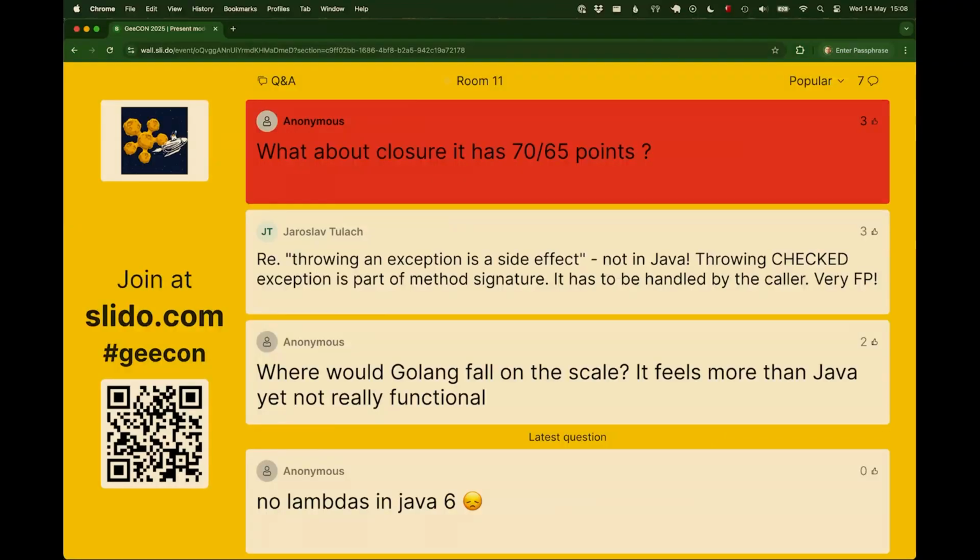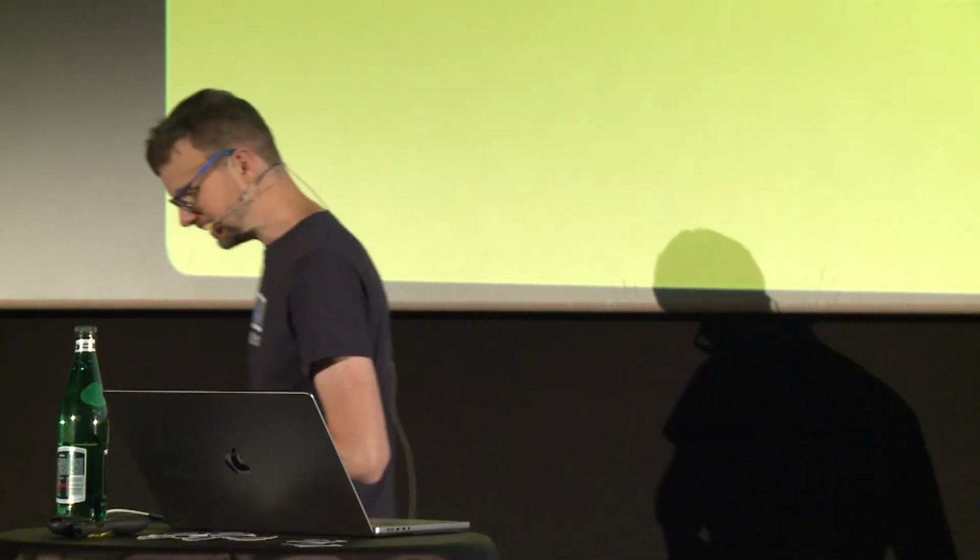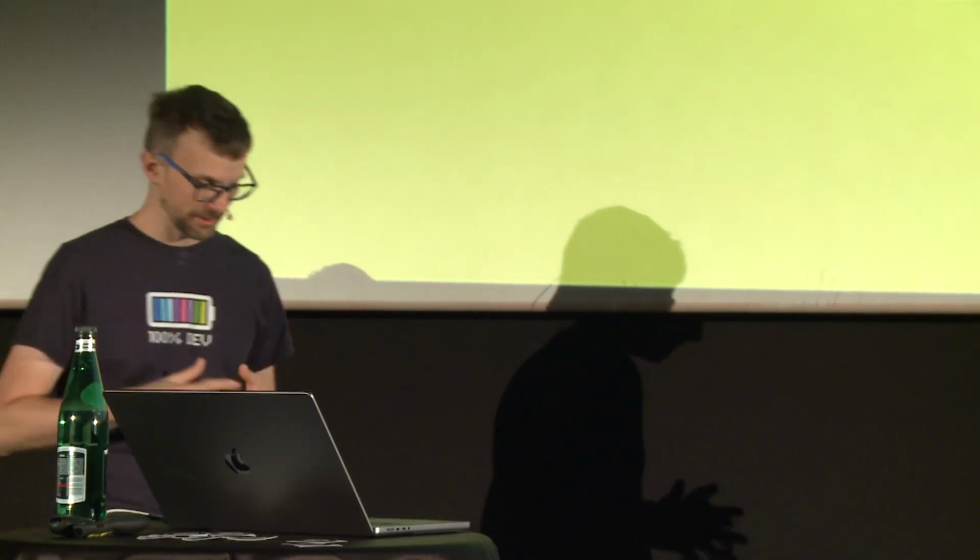OK, throwing an exception is a side effect, not in Java. Throwing a checked exception is part of the method signature. It has to be handled by the caller, via FP. Yes, that is true. You can take the viewpoint that checked exceptions in Java are actually another syntax for returning either a failure or a result.